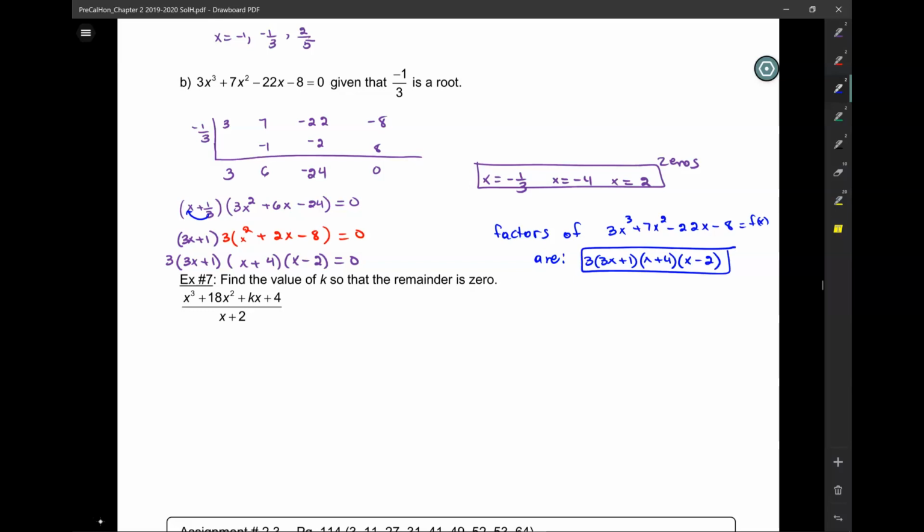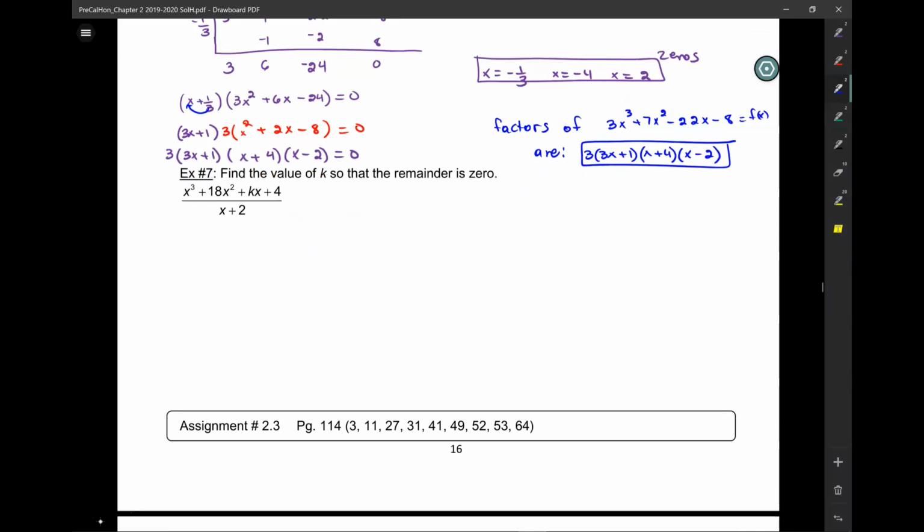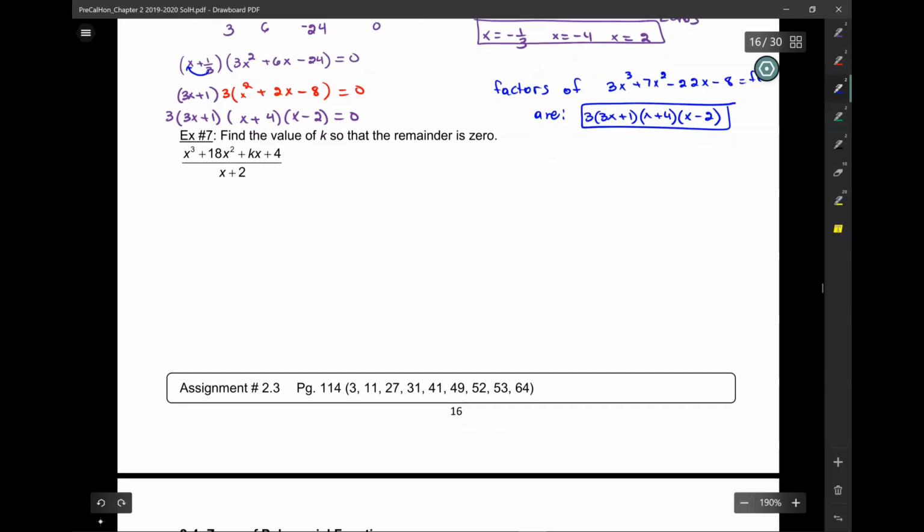Okay? All right, and here it says find the value of k so that the remainder is 0. If we want the remainder, then we have to do synthetic division. So let's do synthetic division. 1, 8, k, 4. 3, 2, 1, 0.